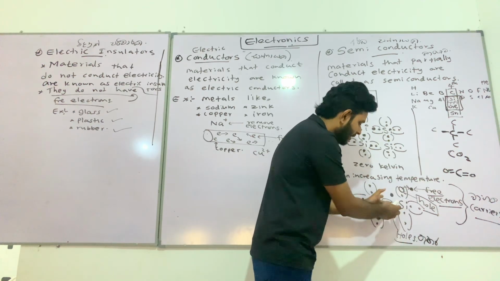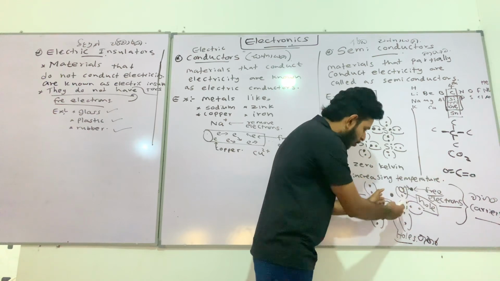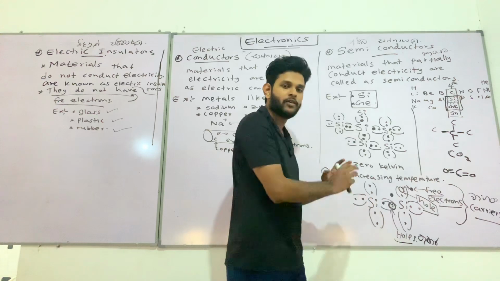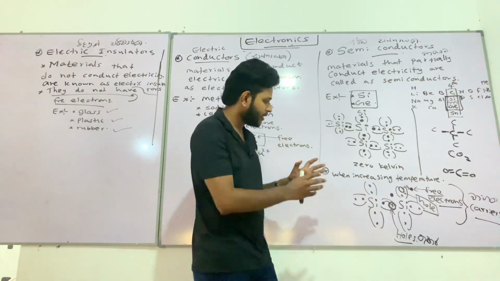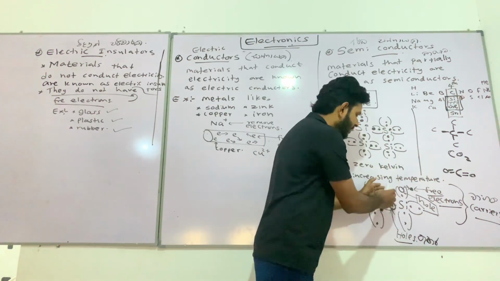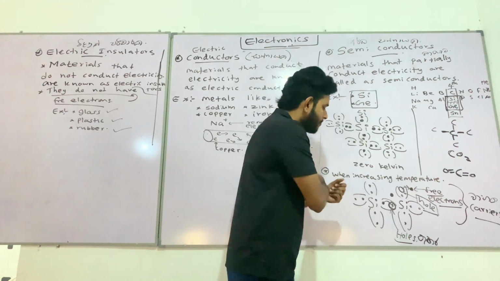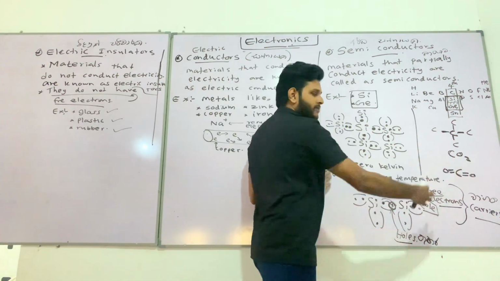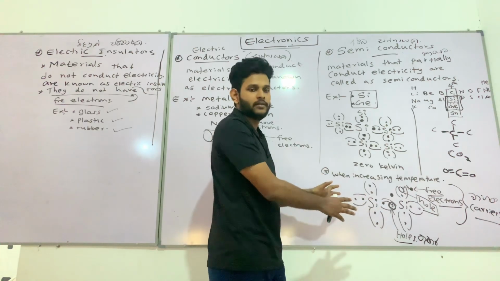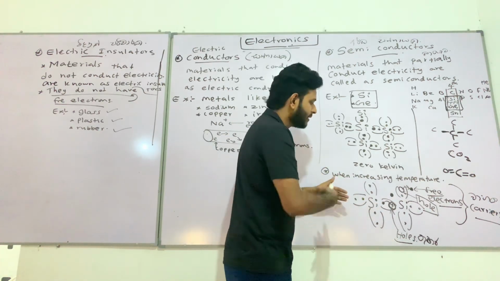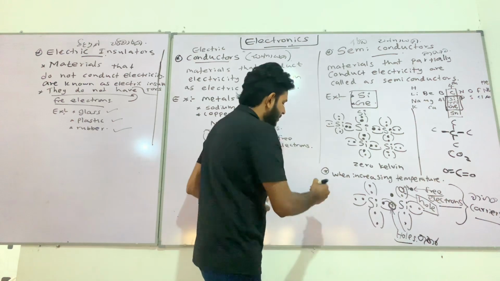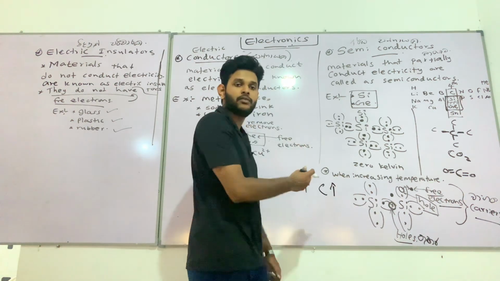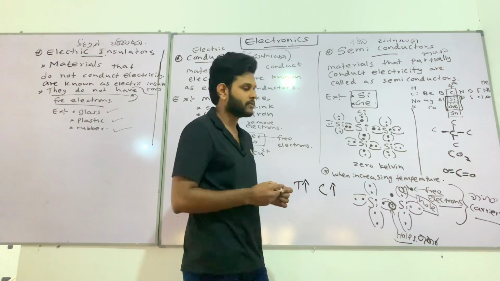One hole becomes here and the electron is removed and becomes a free electron. These free electrons are made in many places of this lattice. So when we increase the temperature, the conductivity of semiconductors also increases.